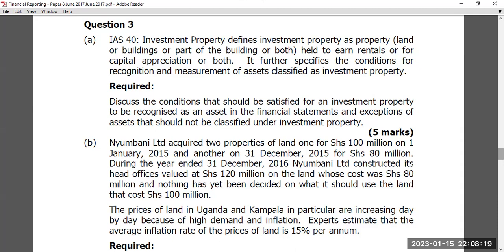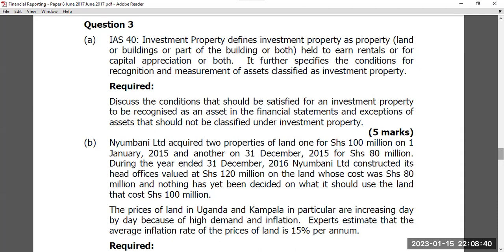Some of these long-term assets are inventories to certain organizations. If, let's say, it is a real estate company and they are buying land and buildings, they renovate, and they sell. So that's their inventory.